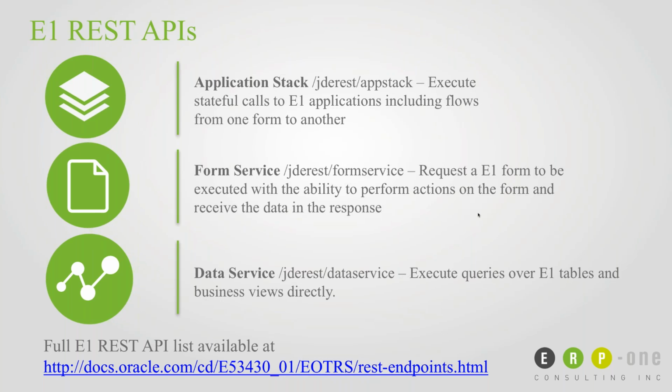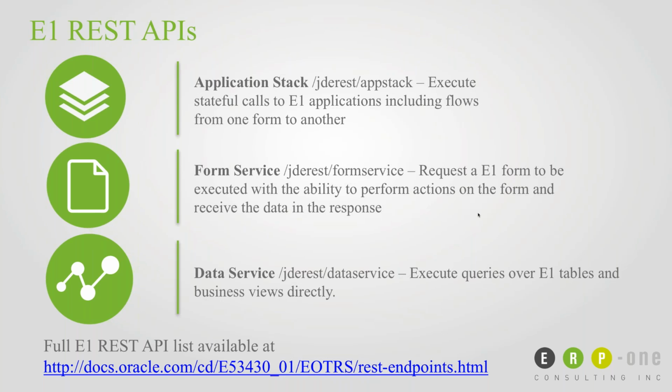So maybe we're going to be putting information on a form or clicking a button or interacting with fields and looking for requests and responses. Or we could be working directly with data in E1 tables or executing queries against those tables or business views. And so each of those takes the form of three different services that we make calls from using REST APIs.